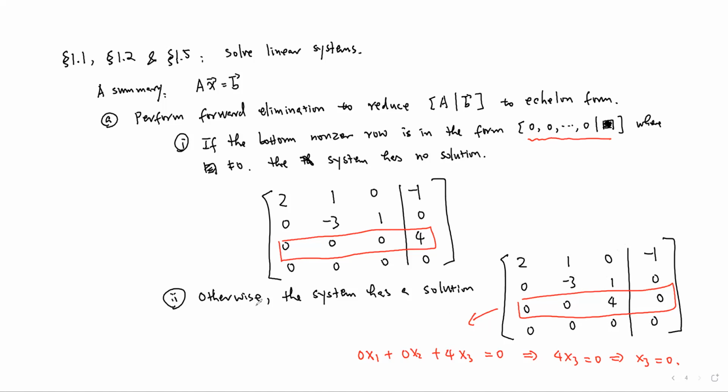Now, step 1: perform forward elimination to reduce the augmented matrix to epsilon form. If the linear system has a solution, then step 2. Suppose the system has a solution. Then how to find all the solutions?